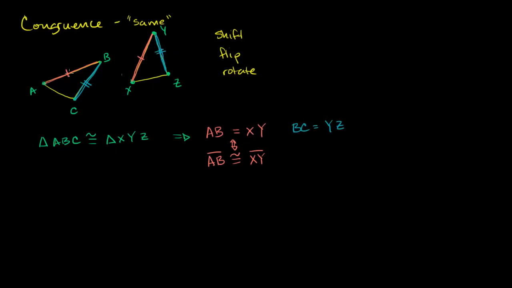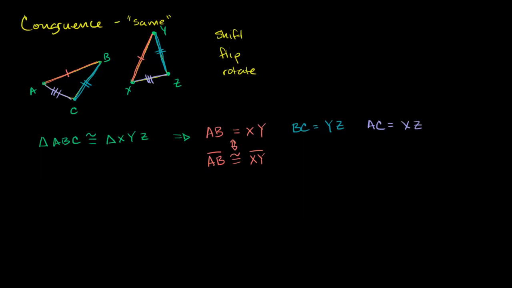Then for the third side, we also know the length of AC is going to be equal to the length of XZ. Not only do we know that all of the corresponding sides are going to have the same length, if someone tells us that a triangle is congruent, we also know that all the corresponding angles are going to have the same measure.